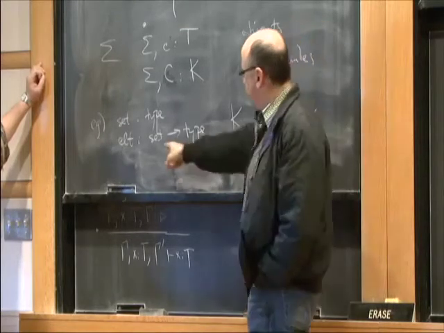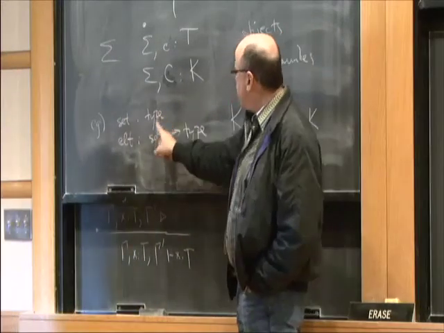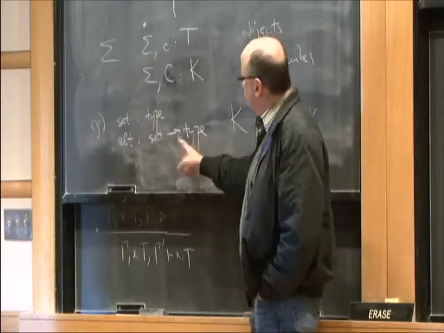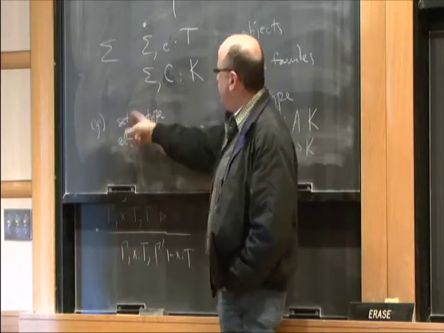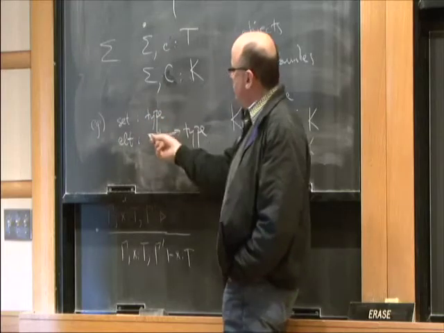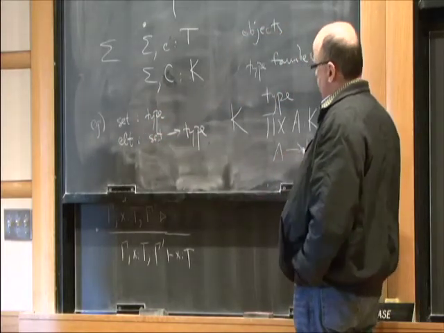So I'm using the special case of it here. In this case, set is a particular type, so I can form a family of types indexed by sets. We could have called those anything, but to be suggestive. And that would be an instance of that.